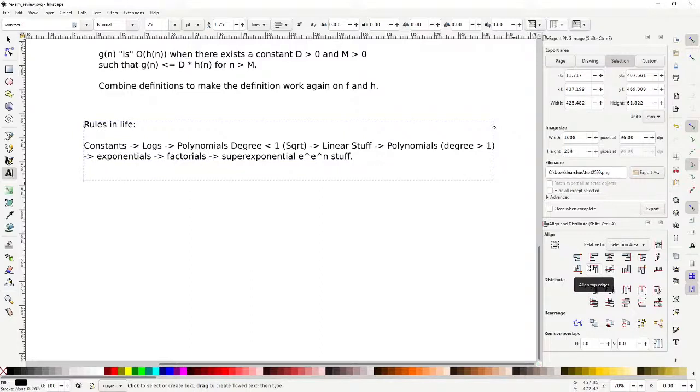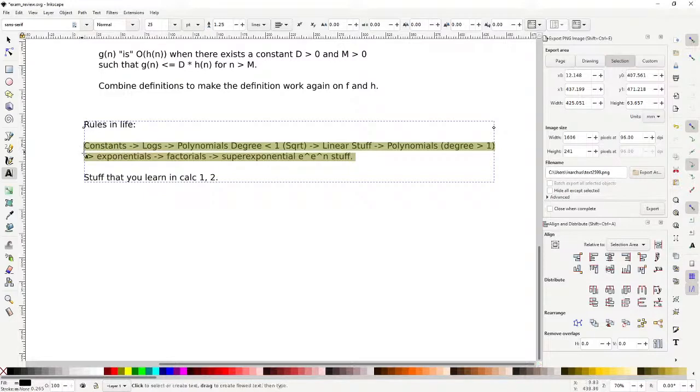This is stuff that you learn in Calc 1 and 2, right? This is the kind of thought process that should go into anything when you're just looking at functions. So don't look at functions and think to yourselves, man, I have no idea. You should kind of know the answer beforehand, and this basically tells you what the answer is.